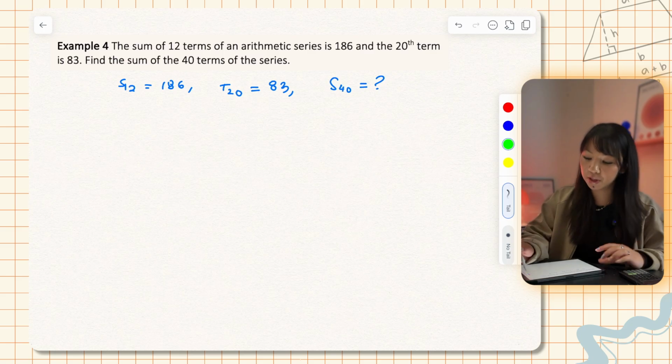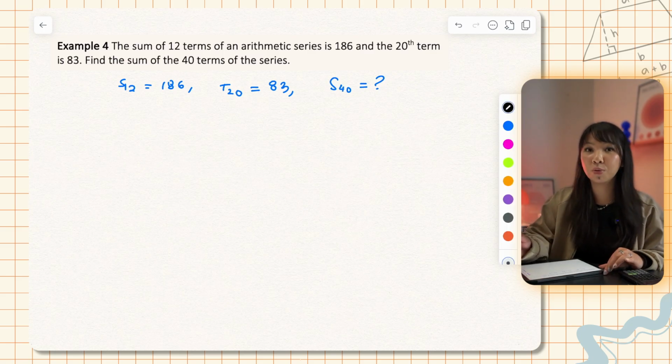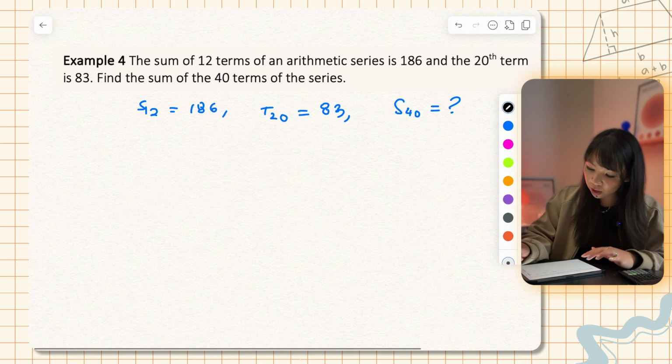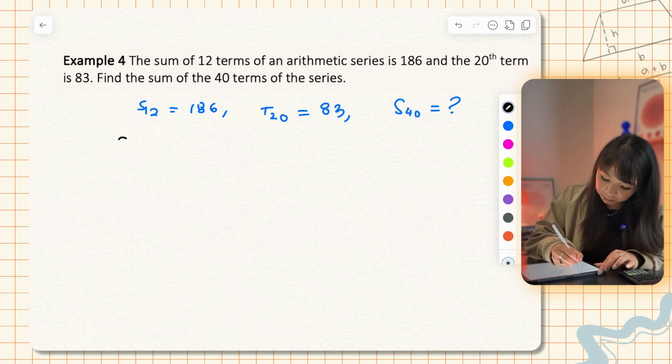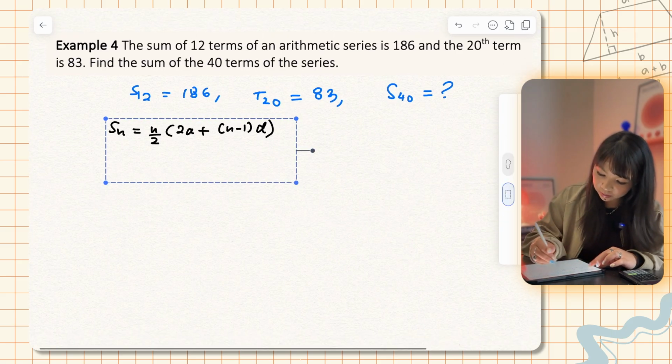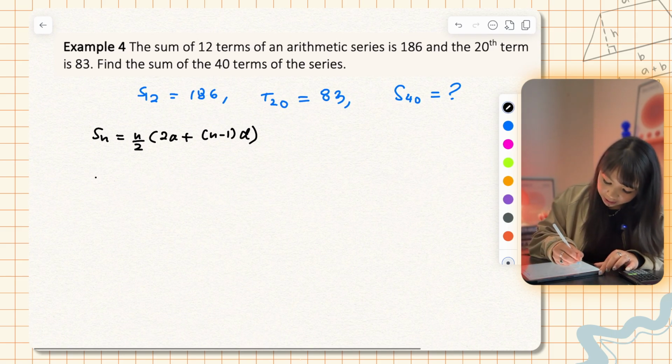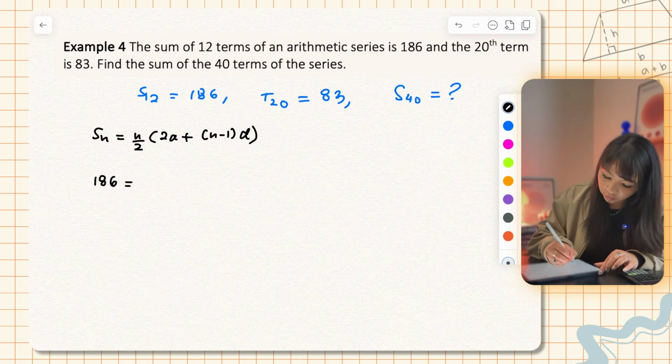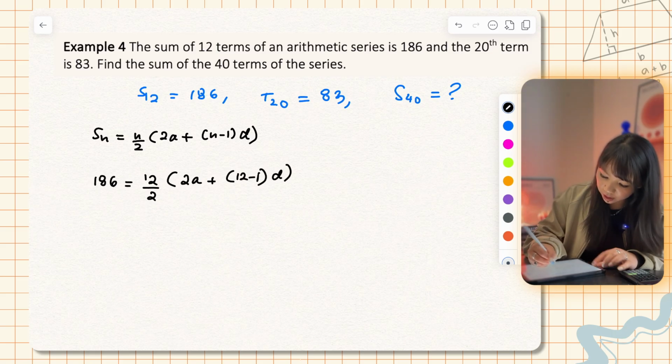Let's go ahead and set up our two simultaneous equations. I'm going to plug it into Sn equals n over 2, 2a plus n minus 1 d. The sum is 186 of the first 12 terms, so n is 12, a is unknown, and d is also unknown.